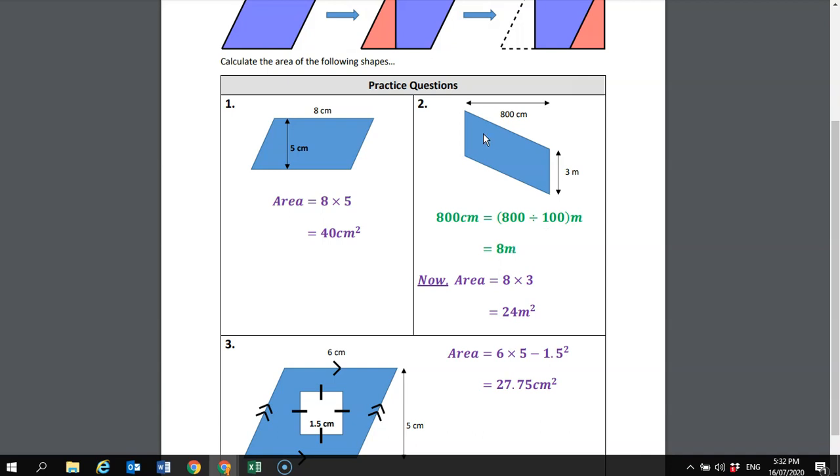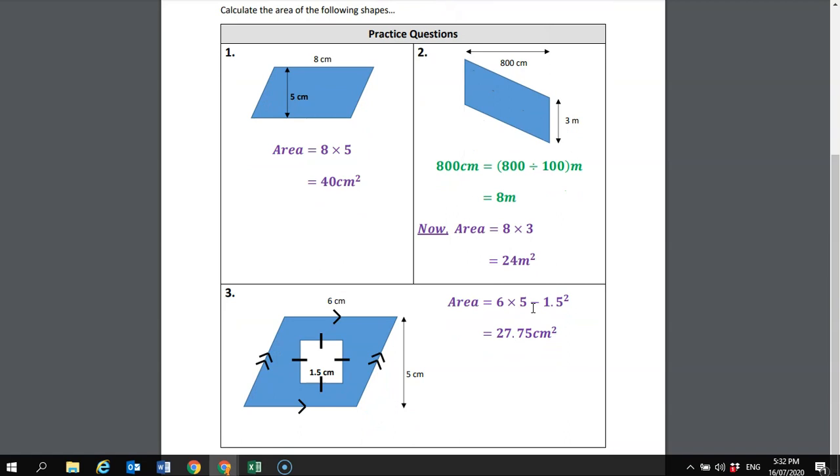All right, so that's the height if we put our head on the side, okay? So now the area is not 800 times 3, it's 8 times 3, which is 24 meters squared. Okay? Pretty straightforward.